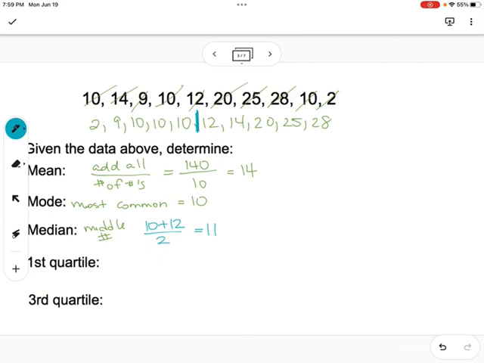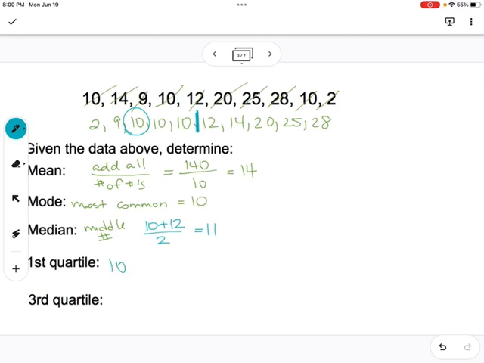Okay, now the first quartile is taking the first half of the data, so from the first number up until the median, and dividing that in half. That position is the first quartile. Since there's 5 numbers in that first half, position 3 is our first quartile.